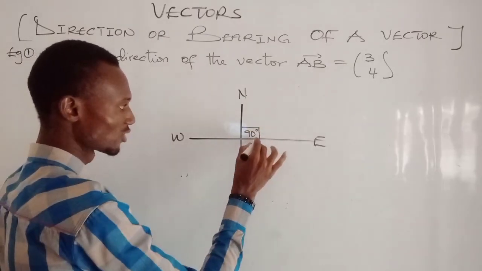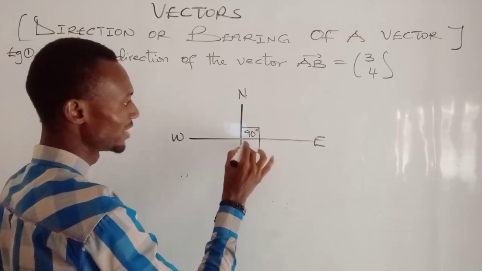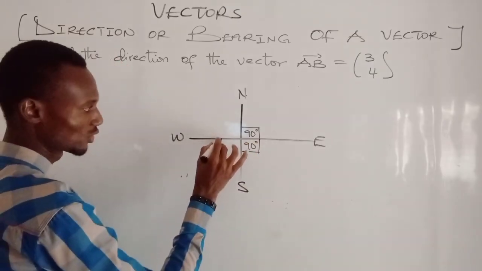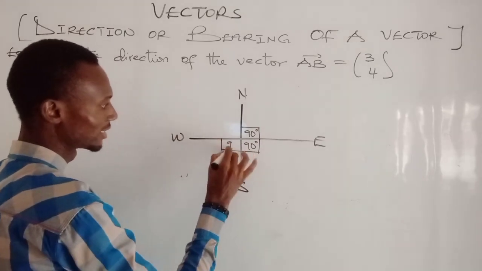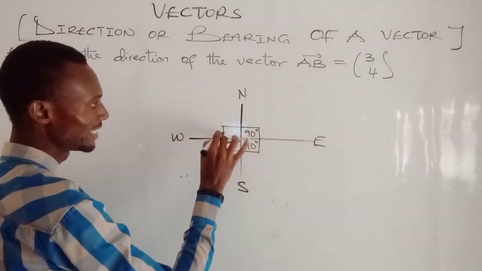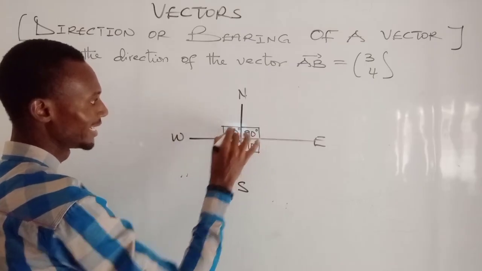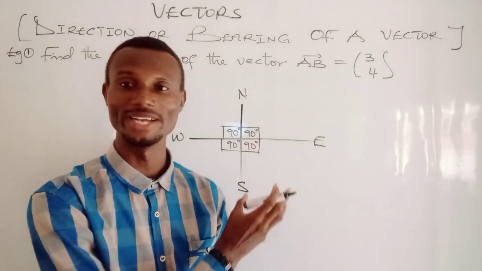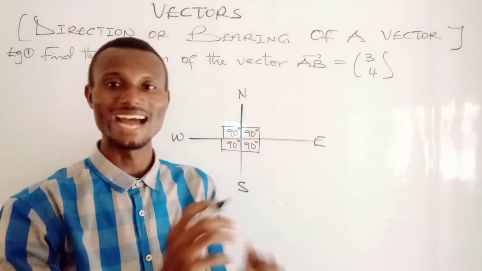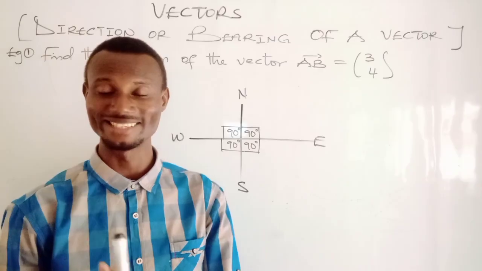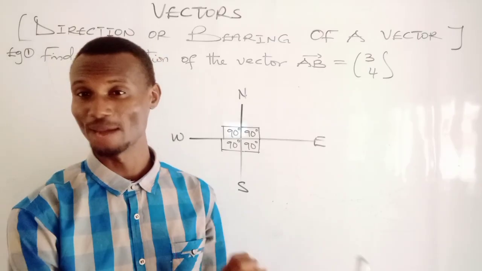We come to this quadrant also, we have a 90 degrees angle being formed here. We come to this quadrant as well, there's a 90 degrees angle forming here, and also here. So each quadrant on the cardinal point gives an angle of 90 degrees. I hope you understand and agree with me up to this point.